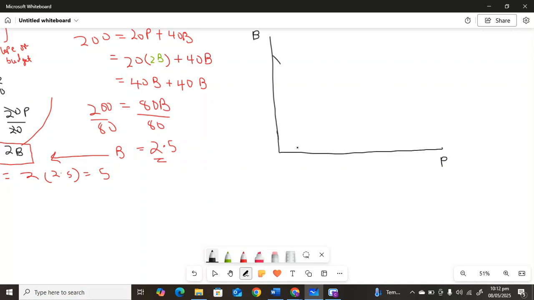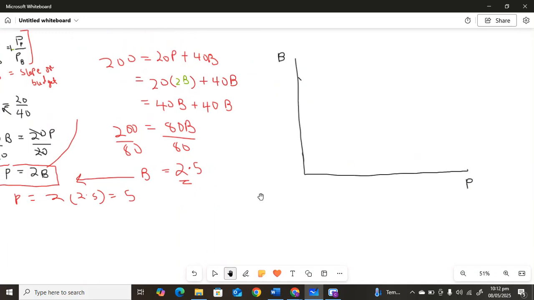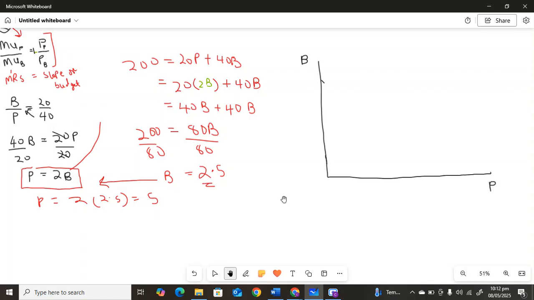When you draw your budget constraint line, for us to make our budget constraint line, you just get the intercepts, okay, where the line cuts the b-axis and the p-axis. Or in simple terms, for example, if we say we want to get the p-intercept, we're just saying that with this 200 kwacha, if this consumer buys pork only, how much pork can they buy?